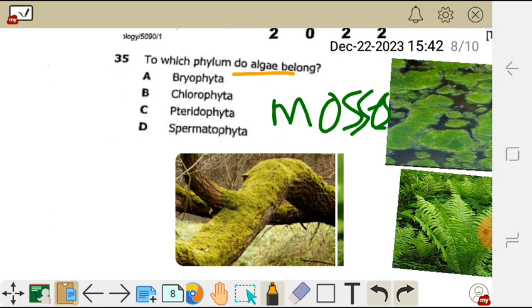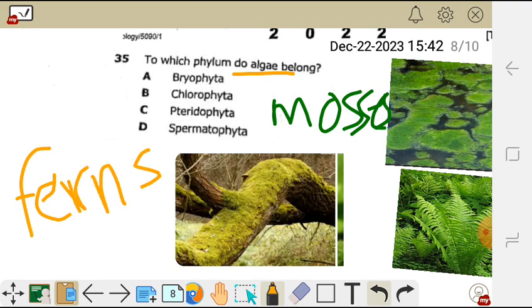Those green organisms you see, that is algae. Then I have this one, which is Pteridophyta. In Pteridophyta you are going to find examples of plants like ferns. The word pterido comes from pteron, which means feather.